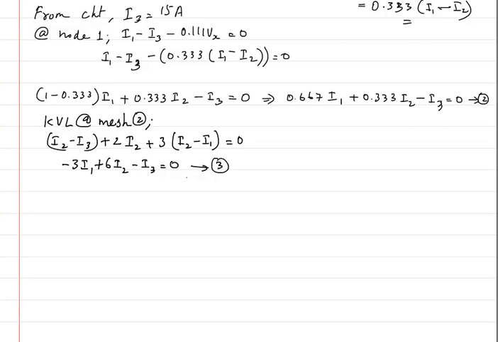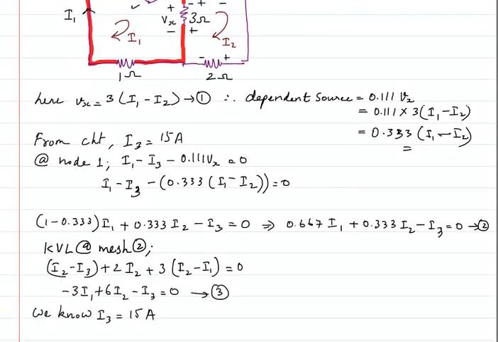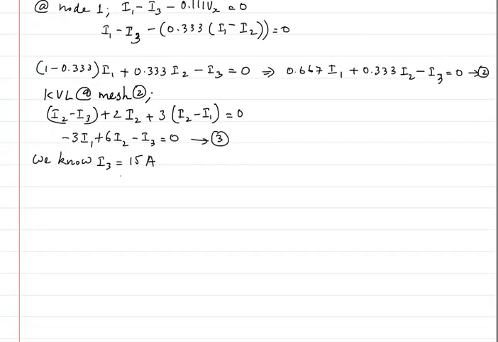Now remember here, we know I3 is equal to 15, isn't it? That we have already seen directly. Therefore equation 2 becomes 0.667 I1 plus 0.333 I2 minus I3.